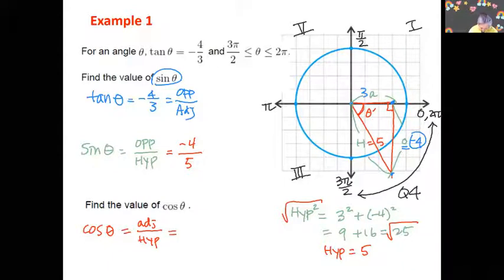Adjacent what? 3. And hypotenuse what? 5. And that's it. So you can get everything right there on the quadrant.